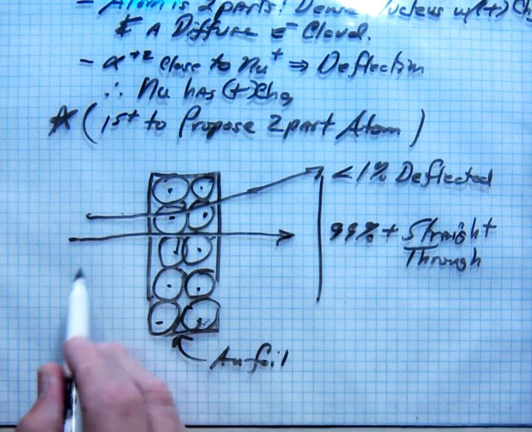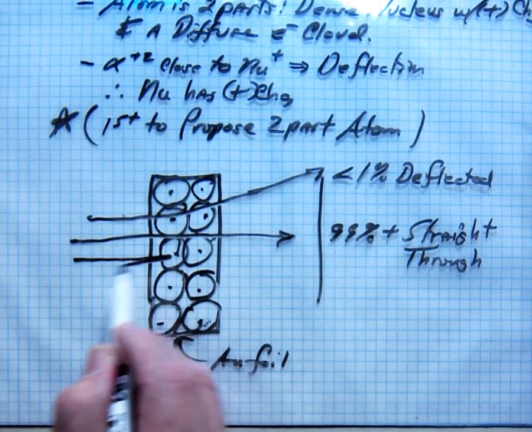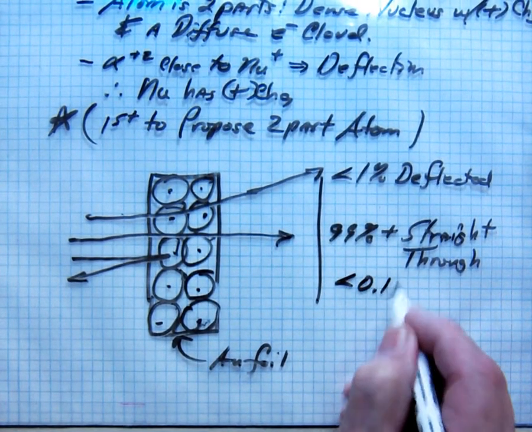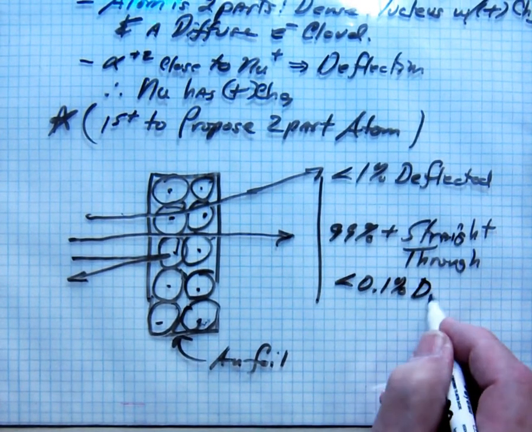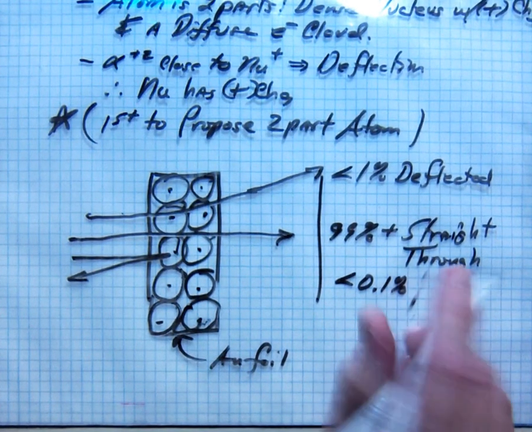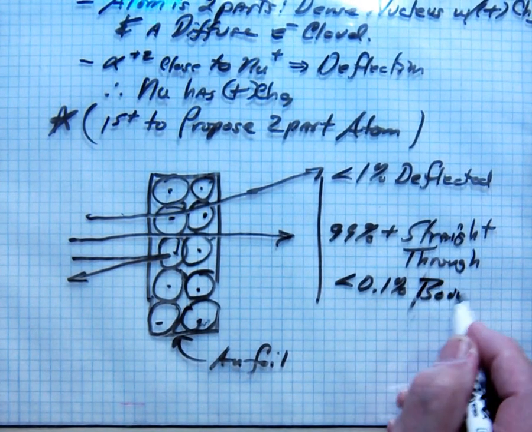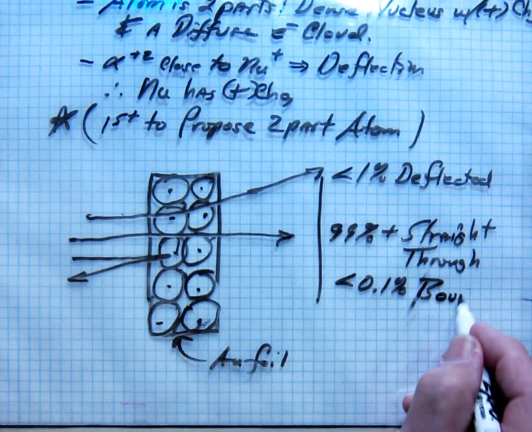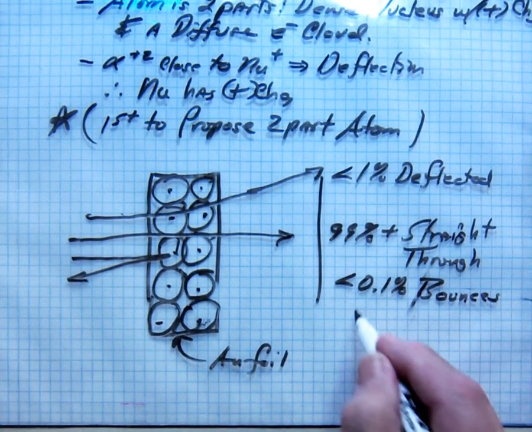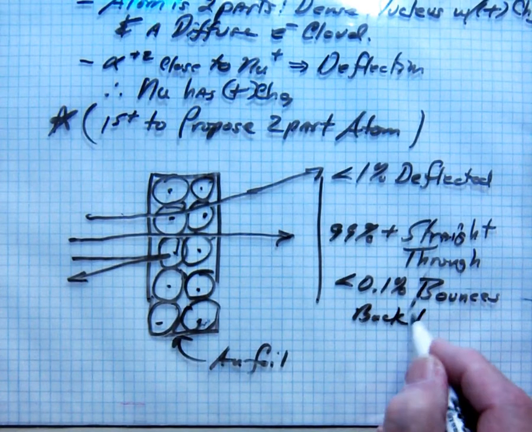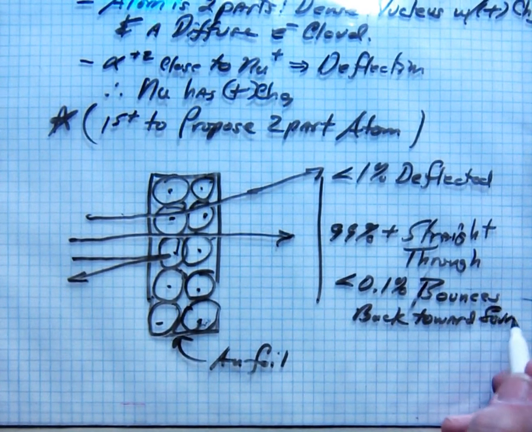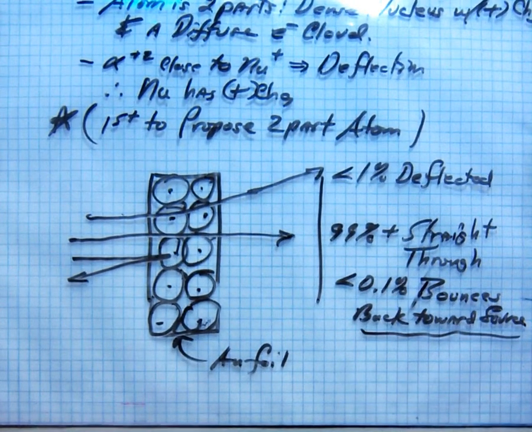And then they show an example of a deflection, and they say less than 0.1% deflected, or no, bounces back. Reflected. It bounces back toward the source.